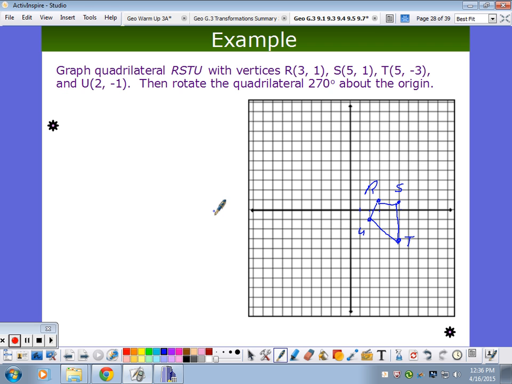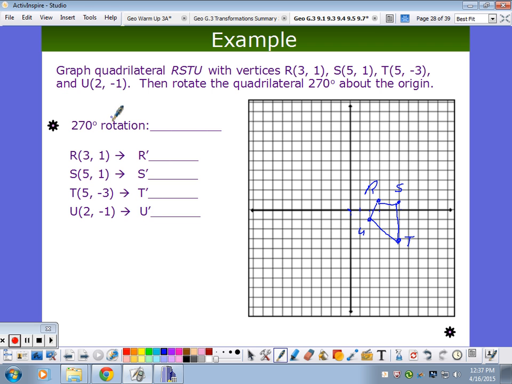Getting our pre-image on there. We're going to be rotating the quadrilateral 270 degrees about the origin. We're always going to use the origin as our point of rotation. You can use any point, we're just using this one. And it's going to rotate around.